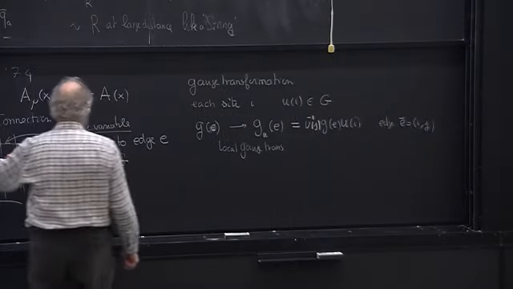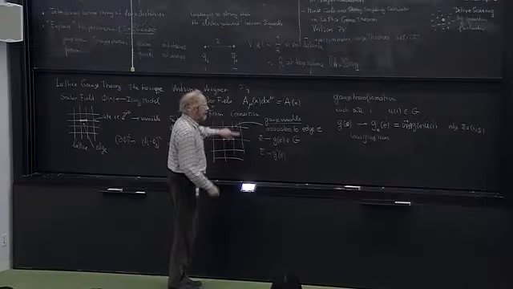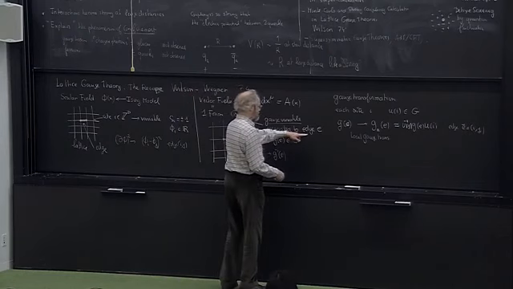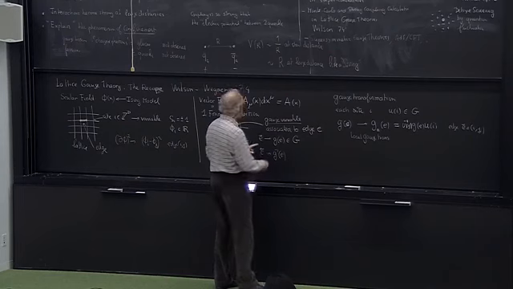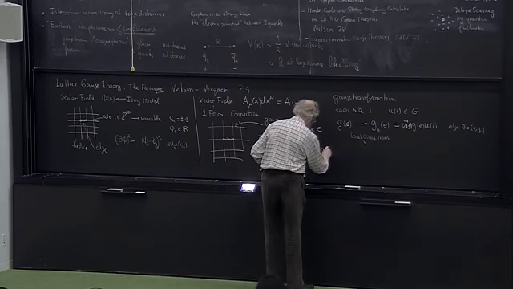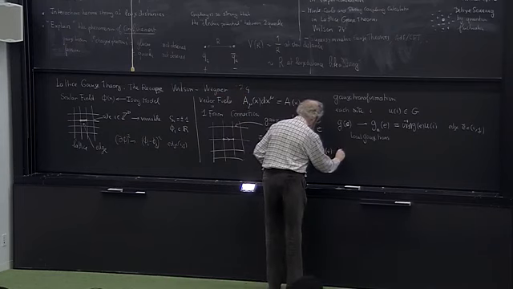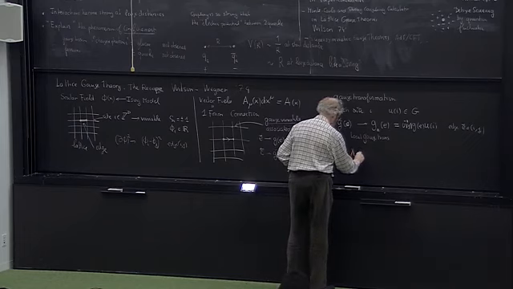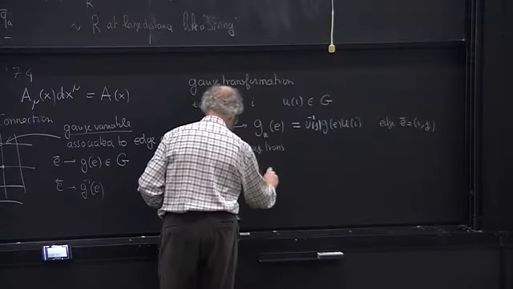So the gauge fields live on the edge, and basically G of an edge is something like 1 plus I times A mu of x dx mu associated to the edge.